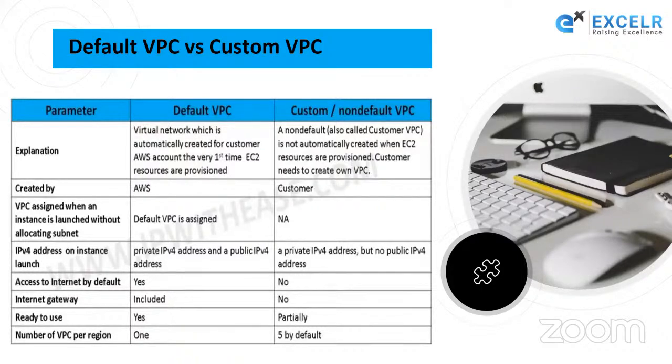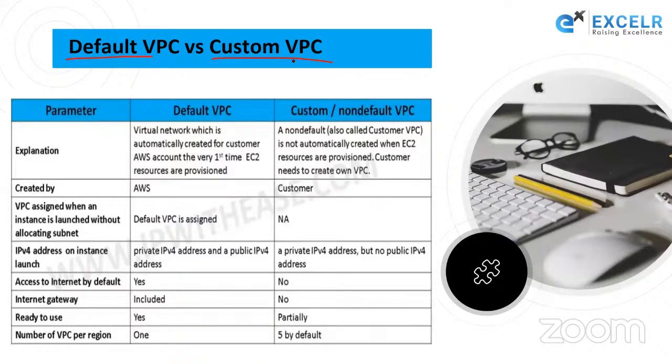Okay, I'm back. Now we move to another very important part, which is what is a default VPC and what is a custom VPC. So let me just look at this.